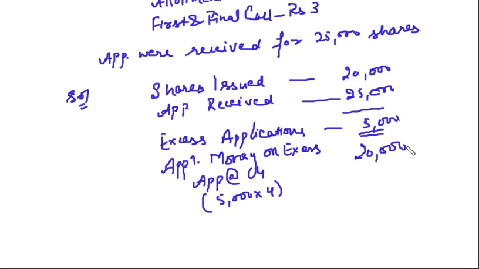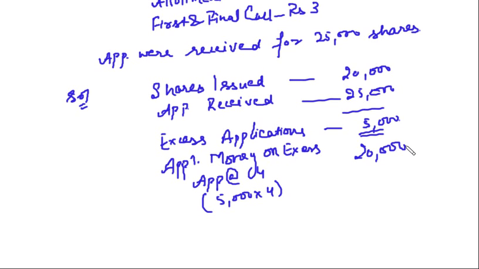You issued shares 20,000. On 20,000 shares, you were to receive 80,000 as the application money. But how much did you receive? 25,000 shares. On 25,000 shares, you received 25,000 multiplied by 4, 1 lakh rupees.